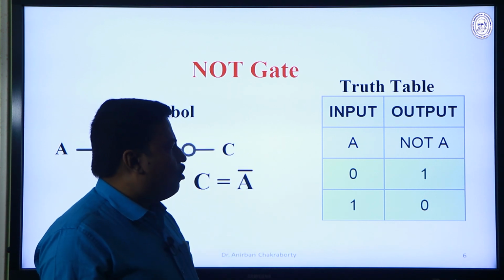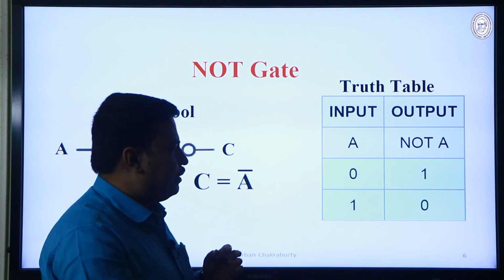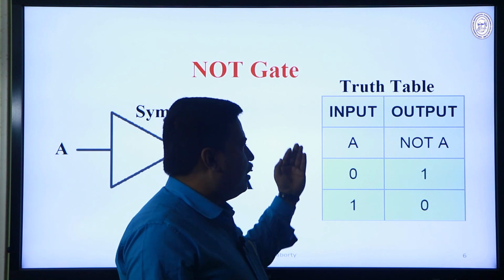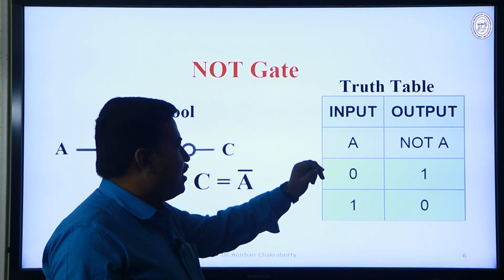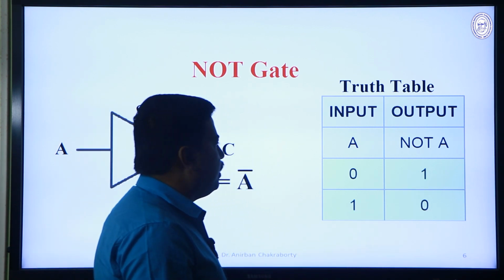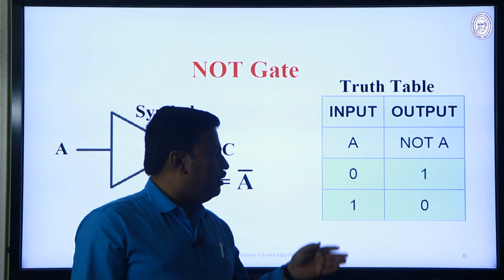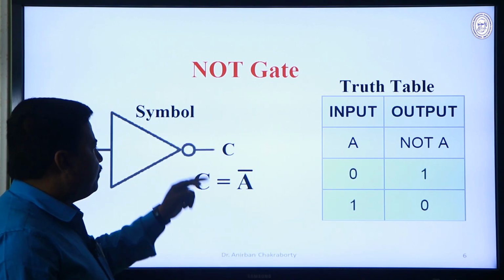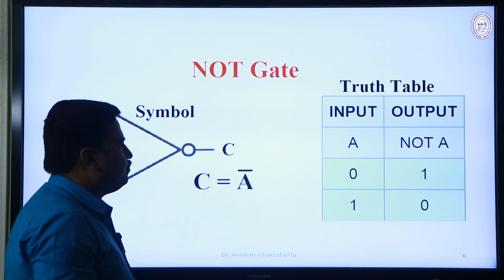This means you can give either 0 or 1. The property of the NOT gate is that it makes the input opposite. When you give 0, meaning logic 0, the output is at logic 1, and if the input is at logic 1 then the output is at logic 0. It is just changing the input from 0 to 1 or 1 to 0. Here the notation is A prime or A bar.